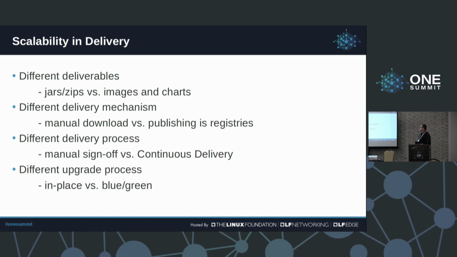Another consideration is scalability of delivery. How do we deliver OpenDaylight? And there's differences, right? Because currently we have a download site, and you have jars and zips and maybe some online documentation, and that gets refreshed every half a year or 3 months or whatever the release cycle ends up being for the simultaneous release.